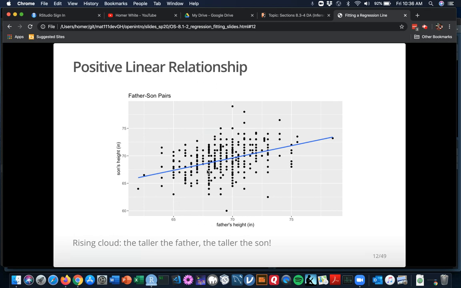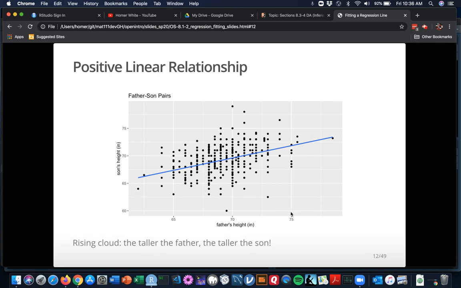Overall, the cloud of points, the cloud of father-son pairs, rises as you go to the right. And that means that the taller the father is, the taller the son is. If you've got short dads down here, you look at their son heights, and they tend to be lower on the y-axis.